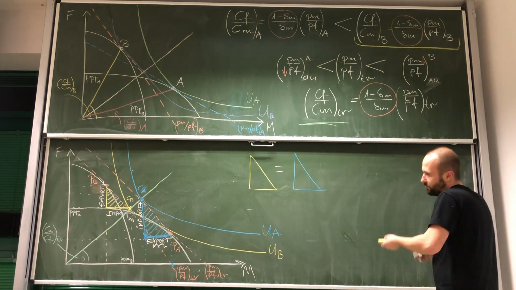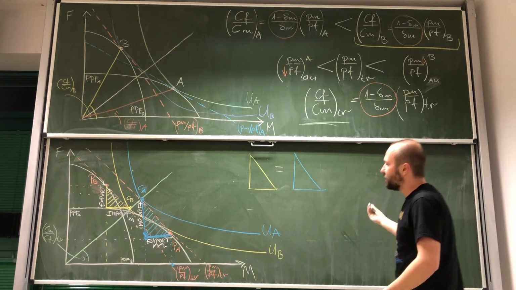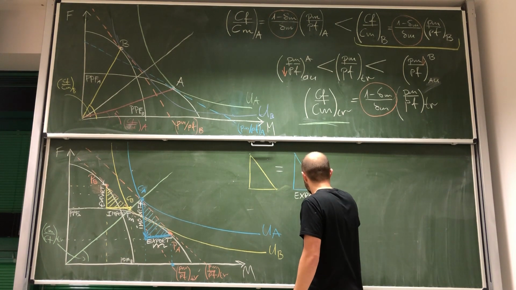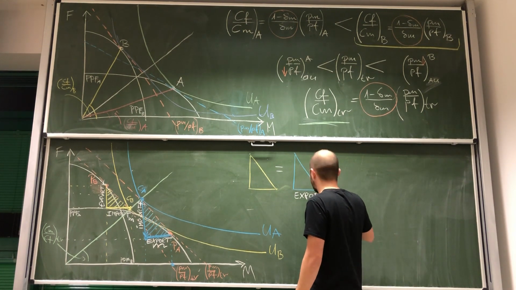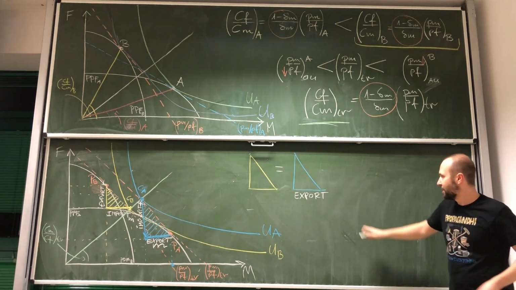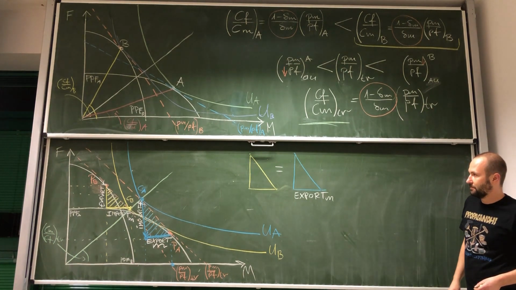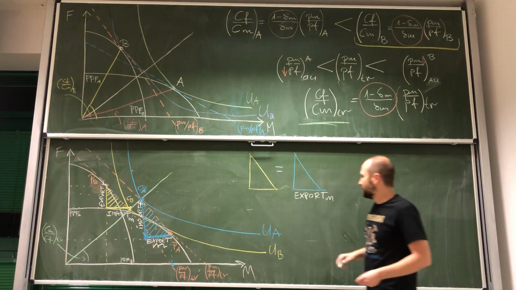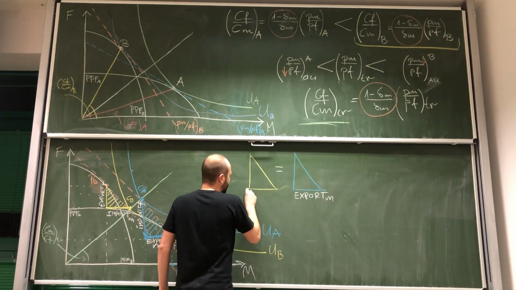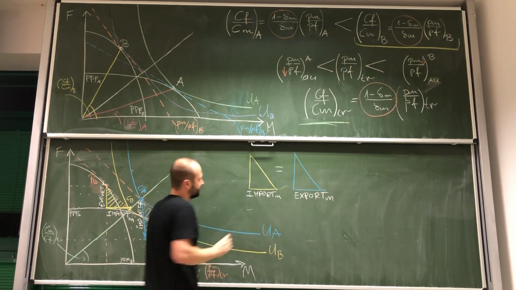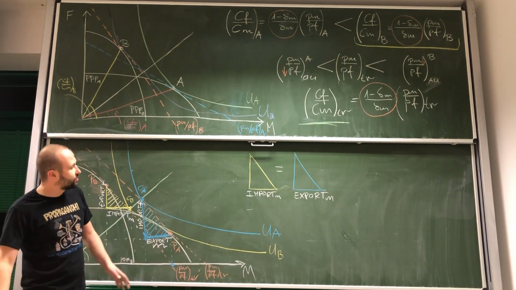And look, what does it make sense? Because we've got just two countries in this model. So export of M must be equal to import of M. Right? And look, what do we see?